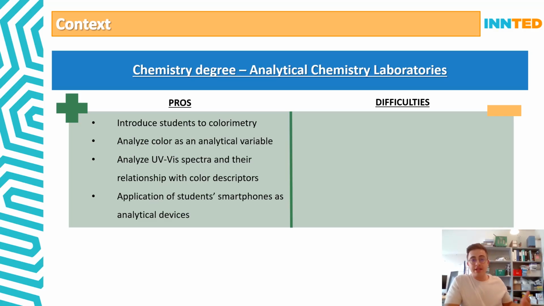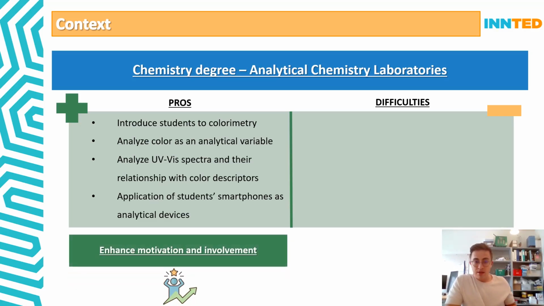And we can of course analyze UV spectra and their relationship with color descriptors. We can compare those two techniques that I was talking about in an analytical manner. Last, we can also use the students' smartphones as analytical devices. This we have previously demonstrated enhances motivation and involvement.